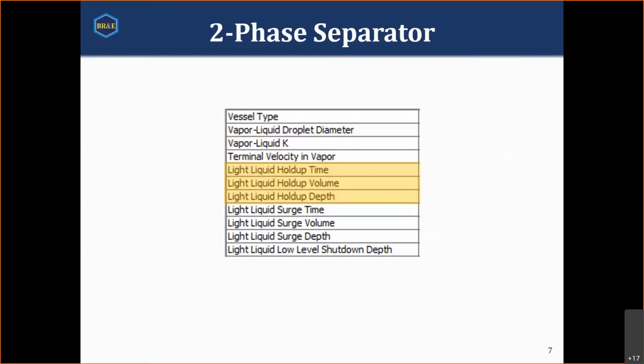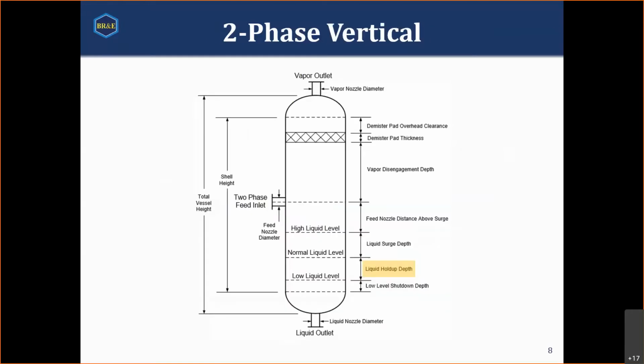The next input that you will need is going to be either the light liquid holdup time or the light liquid holdup depth. If we take a look on the next slide here, we have the liquid holdup depth, which is going to correspond with that light liquid holdup time as being the time that it would take for a molecule to travel from the normal liquid level in the separator down to the low liquid level in the separator.